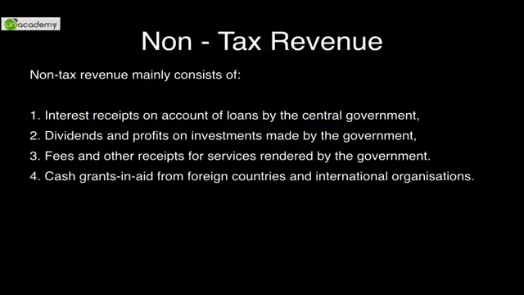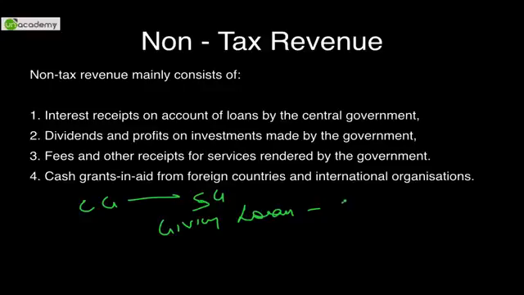Let's understand the differences. If the central government is granting a loan to state government, it will be considered a capital expenditure from the point of view of the central government.